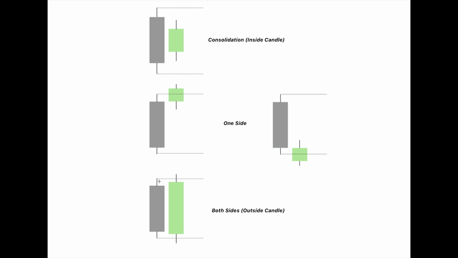And then the last example is when the current candle takes out both buy side and sell side. When you see this in the market, after price has taken out buy side and sell side, price is most likely going to turn back to consolidate.